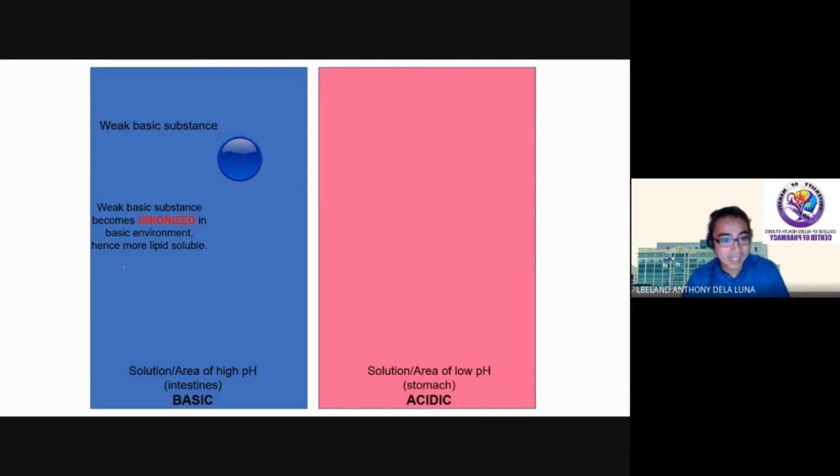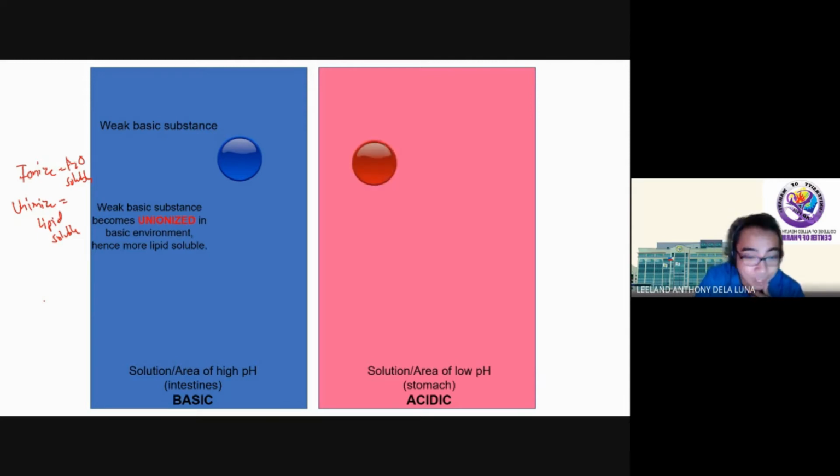Okay? At class, ang lagi natin sinasabi dito, if ionized equals water soluble, ang unionized is equal to lipid soluble. Are we clear? Now, ibig sabihin, class, if my drug is exposed into the intestines, into the basic pH of my intestines, a weak-based drug is exposed to the basic pH of my intestines, it's going to exist in its unionized state.